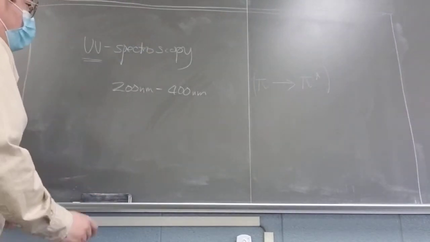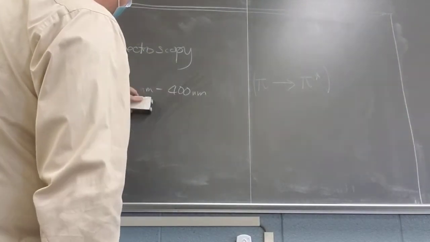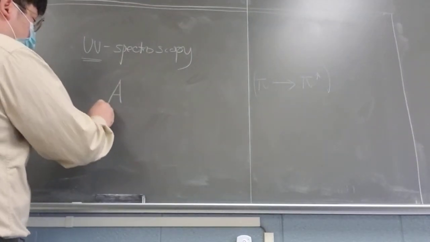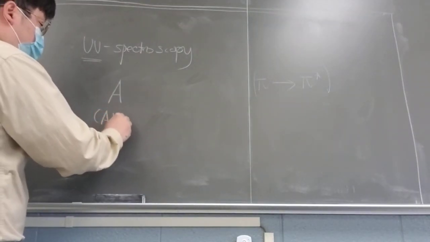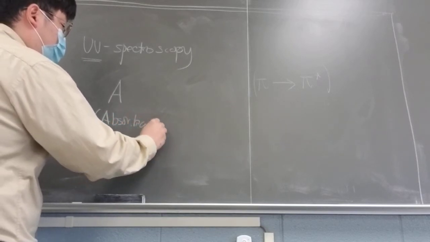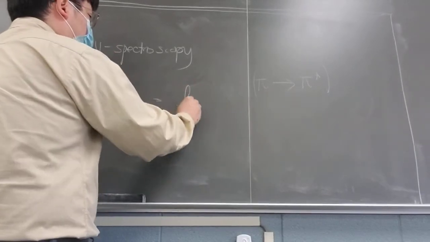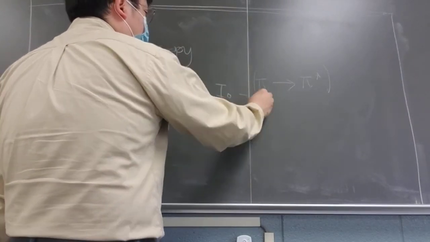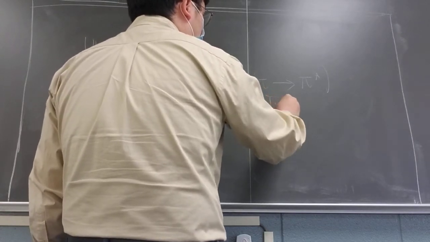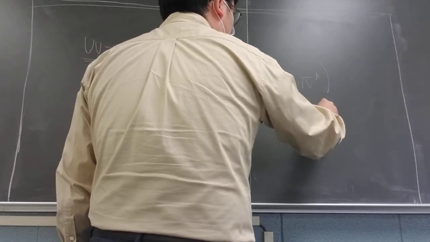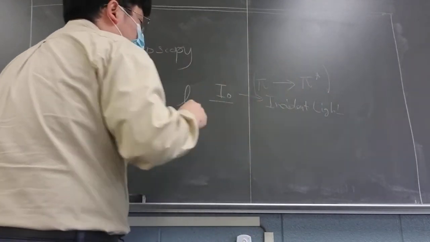So if we do this, we do once again A, absorbance, equal to log of the incident light, so that light comes in, over the transmitted light intensity when it passes through the sample.